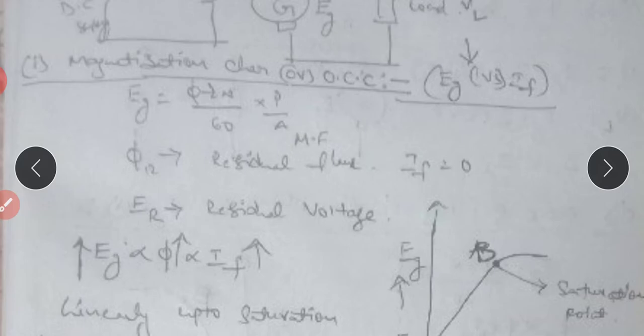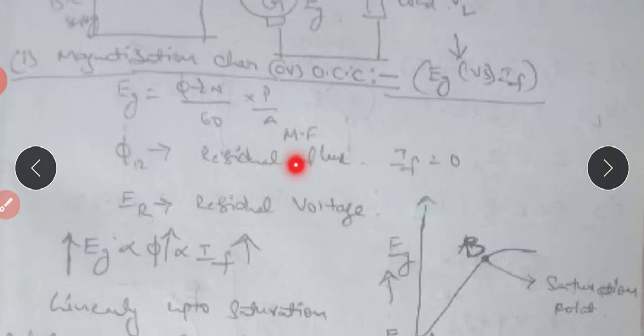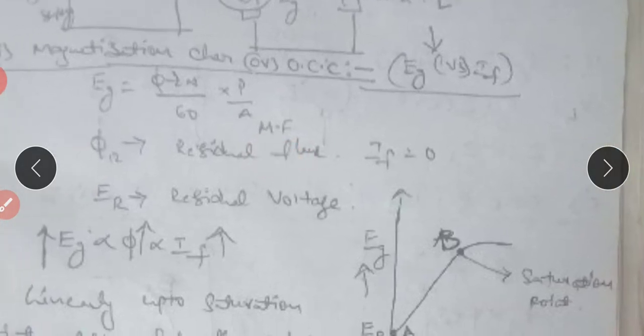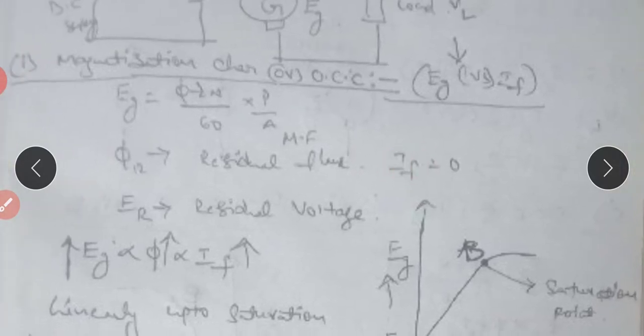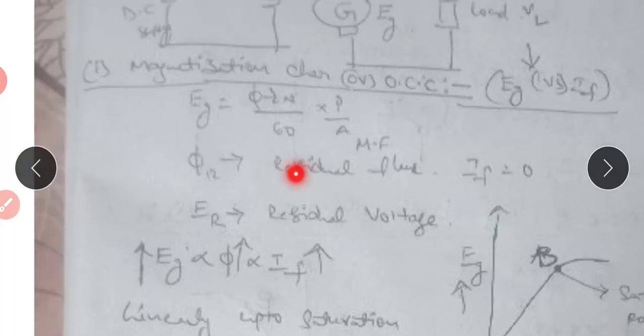This is called residual magnetic flux. We know that if a conductor rotates in a magnetic field, the conductor cuts the magnetic flux lines, and finally EMF is induced across the armature winding. So even at field current 0, some small amount of magnetic flux is present in the electromagnets. This magnetic flux is called residual magnetic flux.